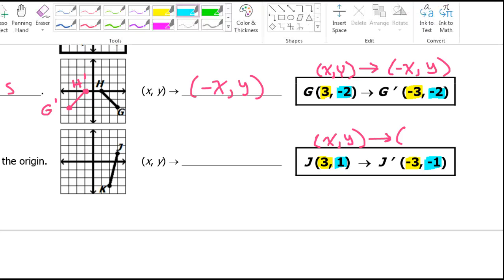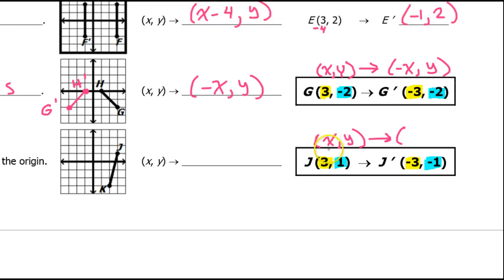Now, let's translate that into a rule. So the x value stayed in the front, but it became the opposite of what it was. So opposite of x is the first thing. Now, the y value stays second, but it also became the opposite of what it was. So the opposite of y.